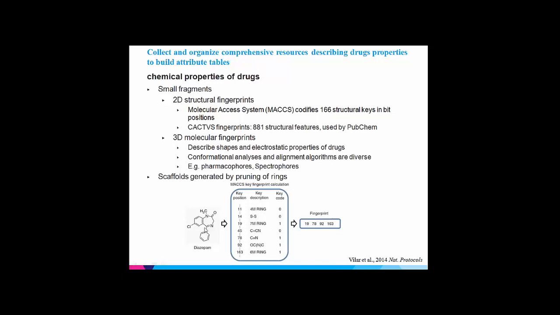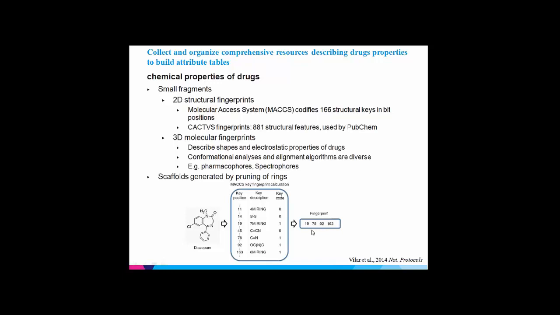For example, these compounds do not have a 4-member ring, but it does have a 7-member ring here, so that you get a bit on the number 19th here, and then you do the same thing for all the substructures defined in the 2D structural fingerprint systems, and then you can get a list of fingerprints that has those key positions.